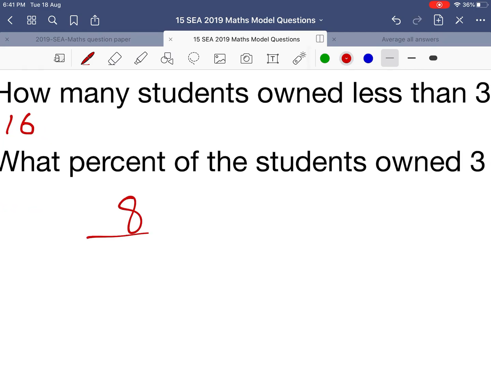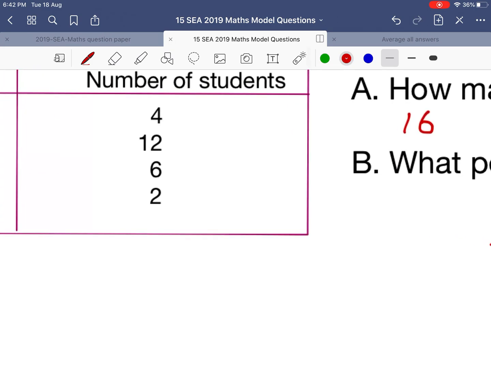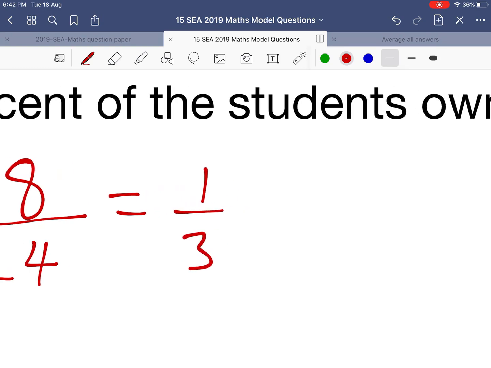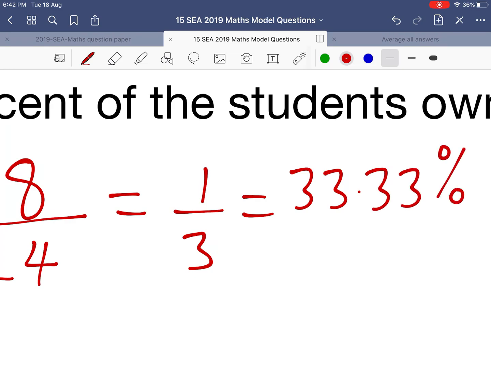So that's 8 out of the total, which is, let's count them up, 4 plus 12, 16, and 16 plus 8 is 24, right. So that's 8 over 24, which is equal to a third, which is equal to 33.33%.